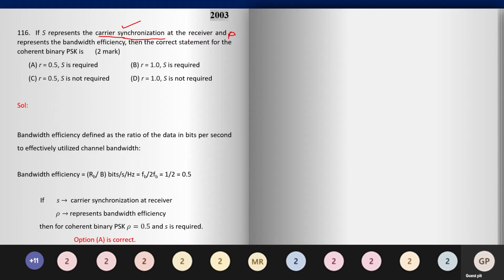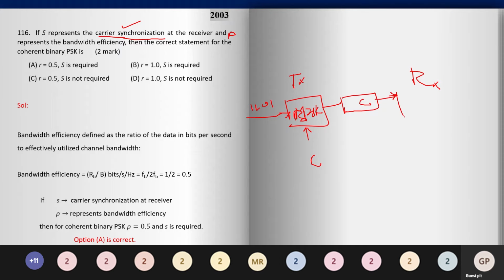What does it mean? We have a transmitter side and a receiver side, and in the transmitter we get a modulator. Here we are talking about PSK, so the type of modulator is BPSK. One input, the binary data, is given, and the second is the carrier. Once it has been transmitted through the channel, it is received at the receiver side, where we have to use a demodulator.